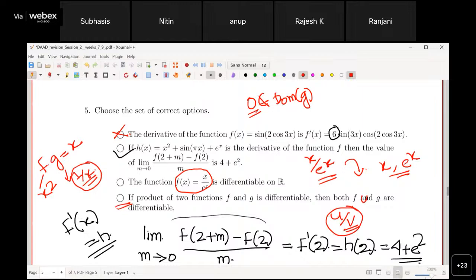So 0 is not in the domain, so I can't talk about the differentiability of g at 0, because at 0 my g is not defined. So whatever you are saying is correct, this statement is certainly not correct. But you need to give an example through which you can disprove this. This is not a correct example. Okay.